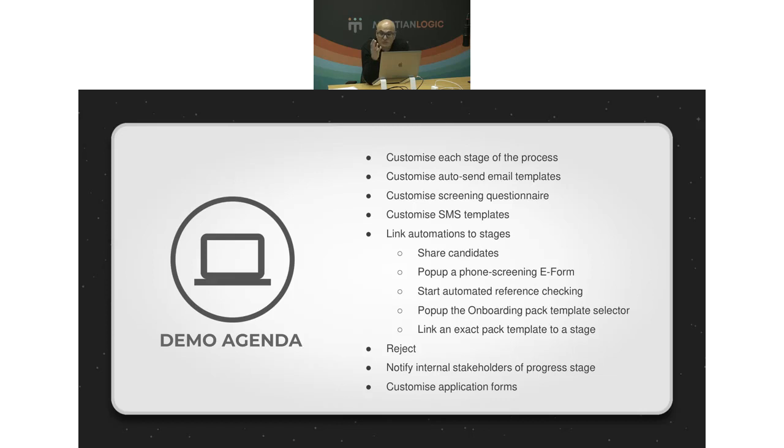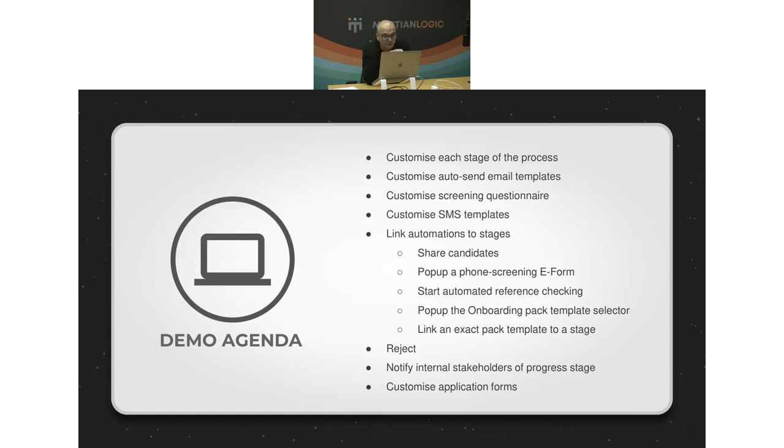There are probably 5 other types of automations that you can do on a per stage basis. For example, you can automate opening an e-form, as we will build together, for the purpose of phone screening. When you're phone screening someone, you'd like to be reminded what those questions are, but also to capture the answers, whether you're typing in a text area or using a single choice drop down or whatever it might be.